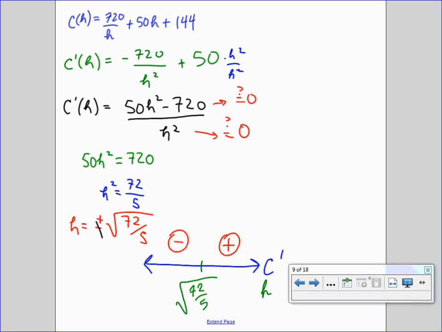And we're now ready to see what value is produced at a height of root 72/5. So let's go ahead and make our chart. On our chart, what do we want? We want H, C of H. And we need to put our critical value of root 72/5 on here.